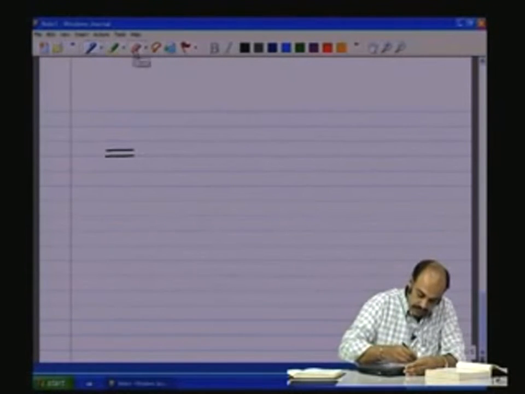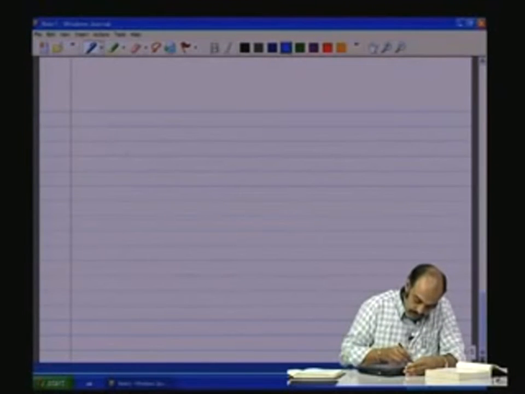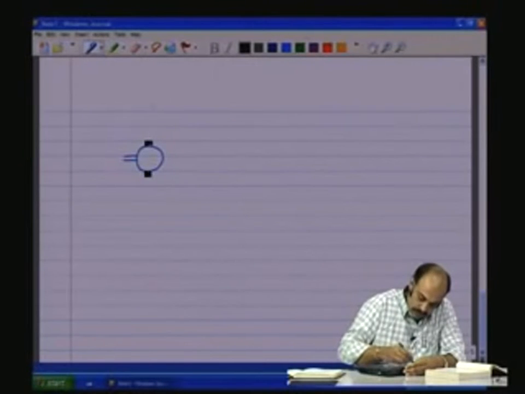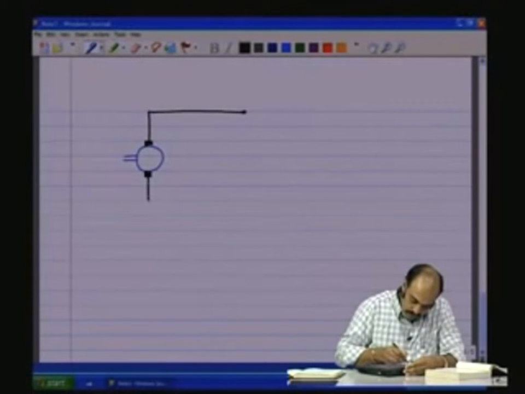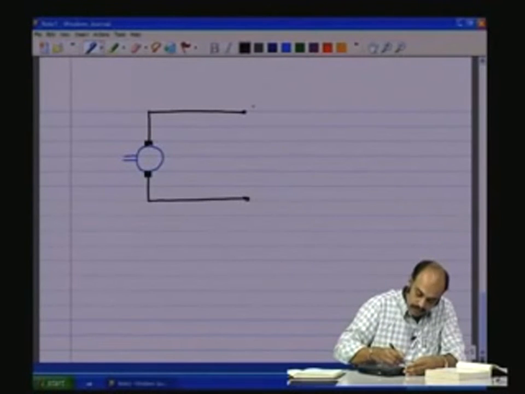Now, let us have a small shaft and we have the brush, with the brushes connected to the external circuit. This is the terminals of the generator.